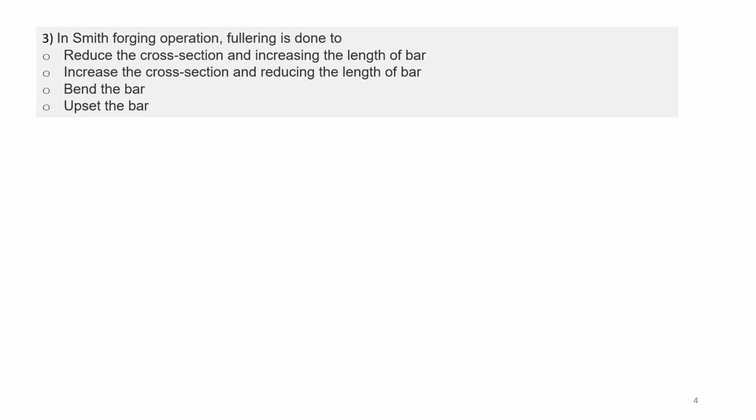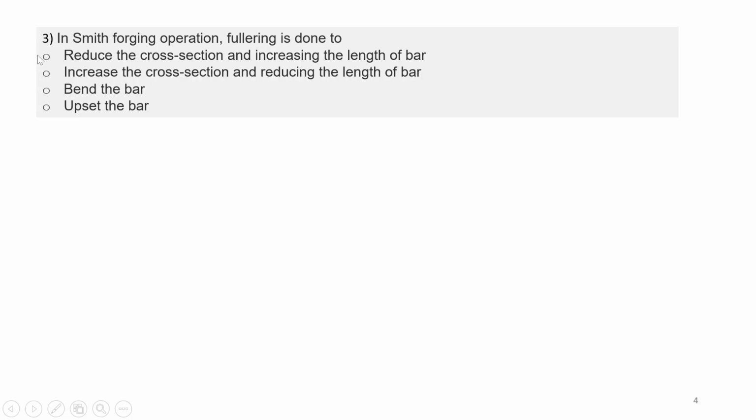Next question is, in smith forging operation, fullering is done to, and your options are. Fullering is one of the processes that is performed in forging. You have to remember some of the definitions and processes. So in fullering, which process takes place?